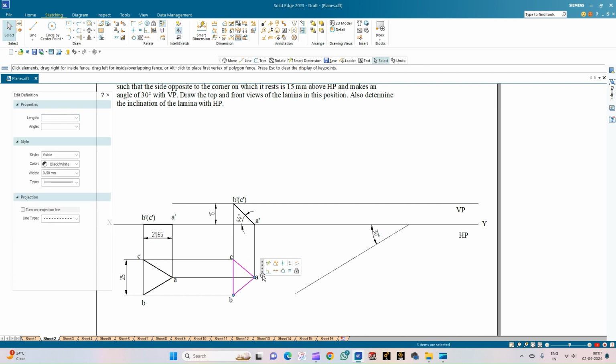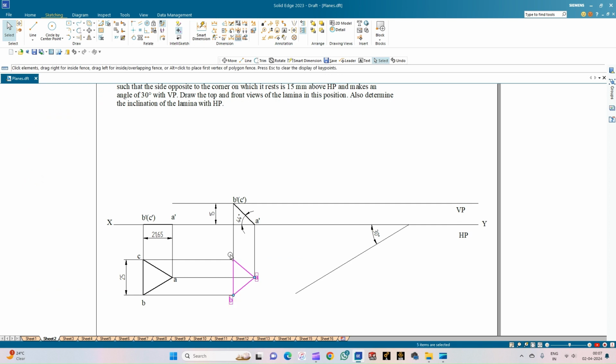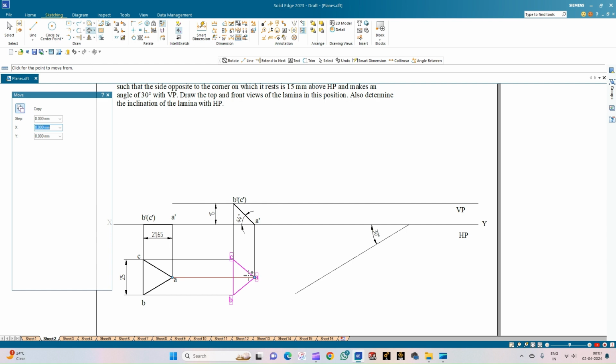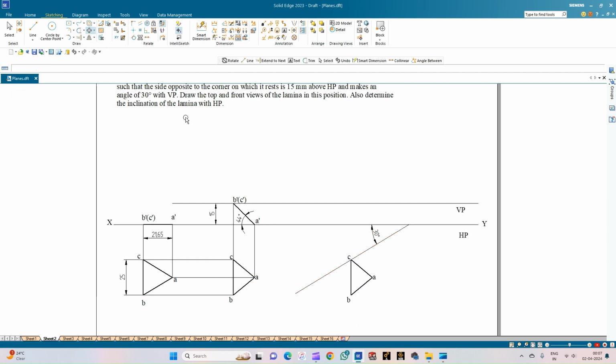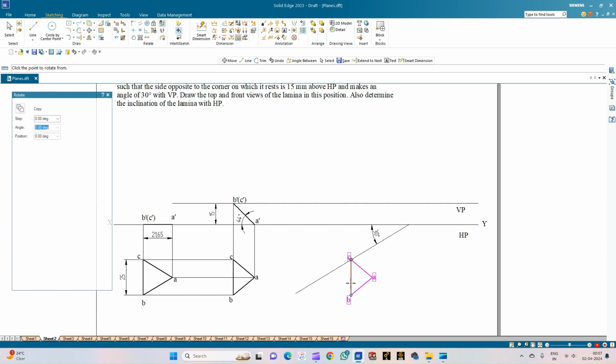So I'll select this triangle along with the annotations and then select the move option, ensure the copy is on, and then keeping point C as the reference, I will place the corner C on this 30-degree line and rotate, keeping C as the first point of center and B as the second point of center, and ensuring the copy is off. So I'll rotate.